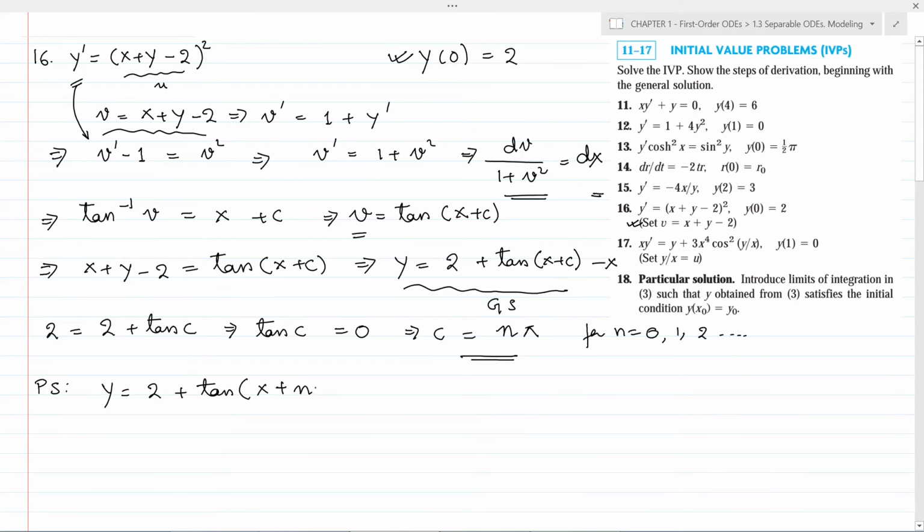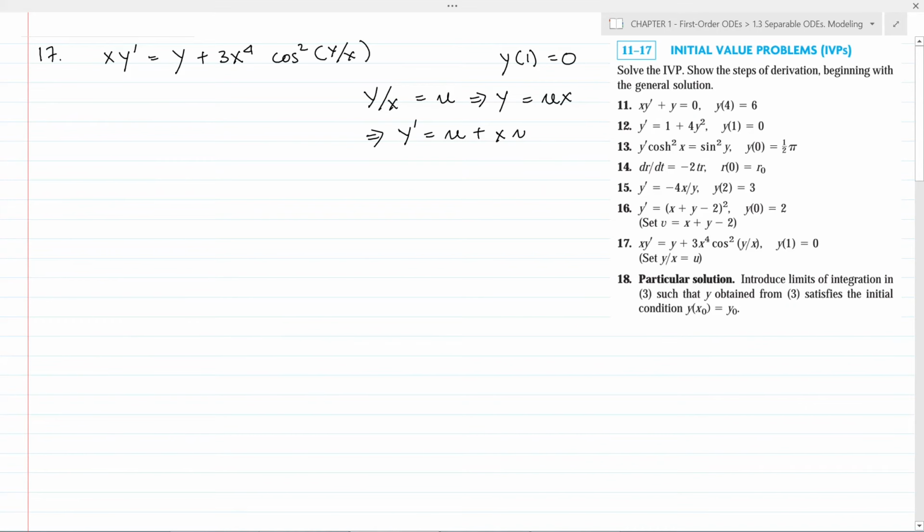In the question, it has been given to substitute y/x = u. So, y/x = u, which implies y = ux. We differentiate both sides with respect to x and we get y' = u + x u'.